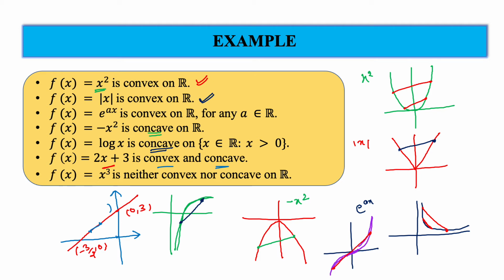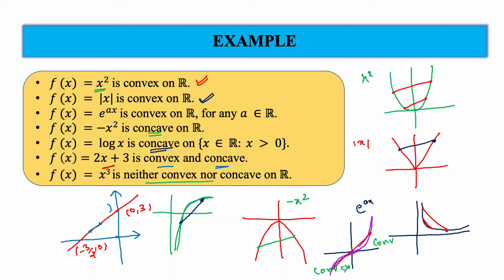In some cases the graph values will be more than the chord values, and in some cases they will be less. So here it is behaving as convex and here as concave, but for the entire range it's neither convex nor concave.